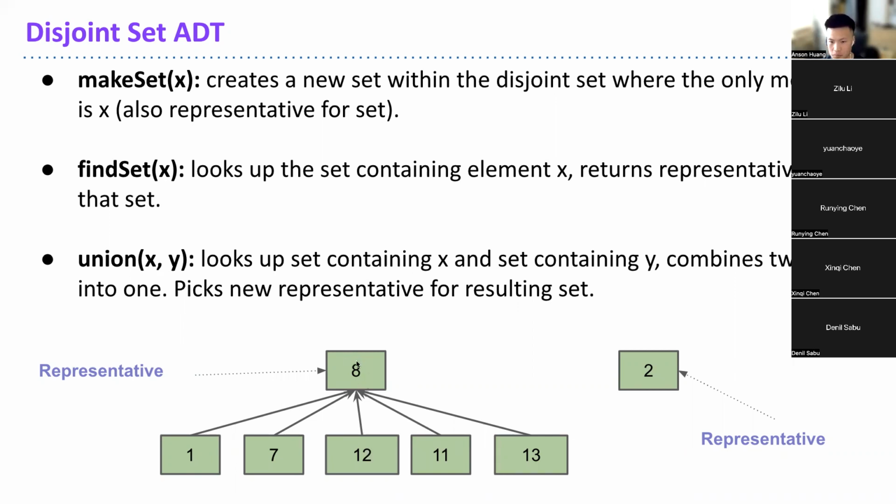The parent is 8. And then 2, find the parent. The parent is just itself, size 1. And since this disjoint set on the right is smaller, it's going to join with 8. So 2 is going to end up pointing to 8. And that's going to be part of one bigger set on this side.